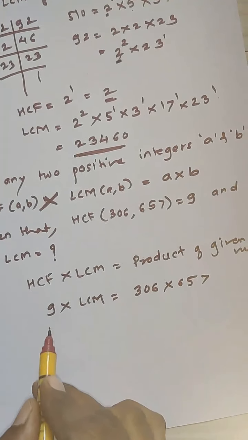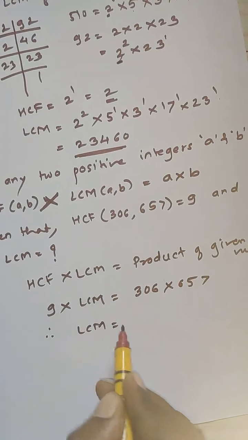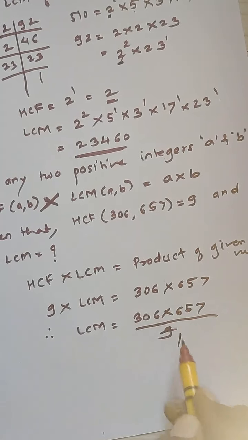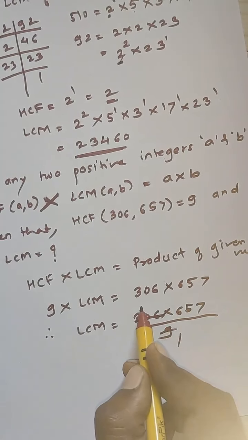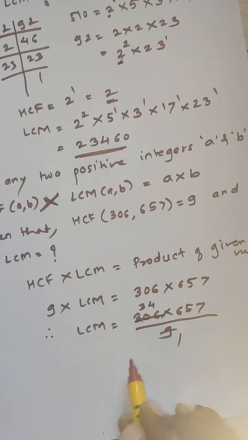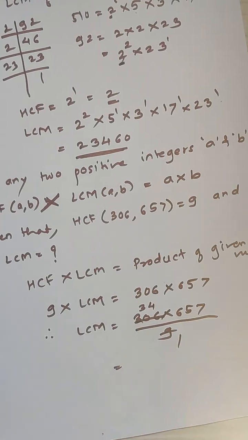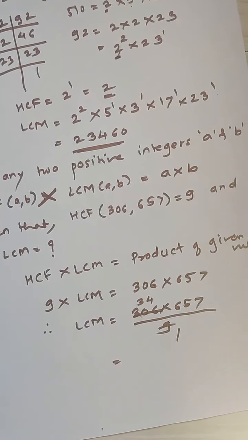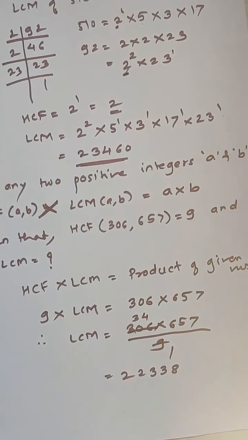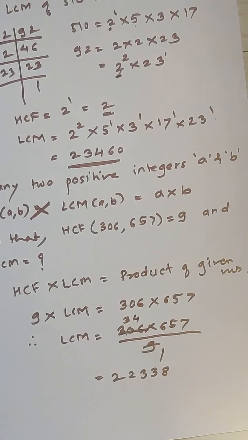Therefore LCM will be equal to 306 into 657 divided by 9. 9 threes are 27, 9 fours are 36, so 34 into 657, and this will give 22338. So like this we can solve this.